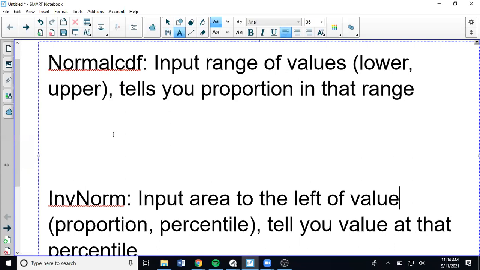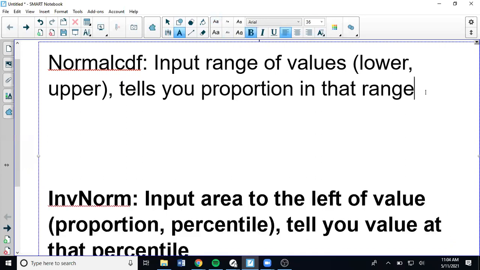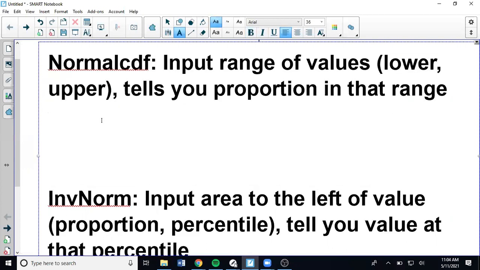As an example, let me give a couple of questions, and let's make sure we know which one we're using here. So let me bold these. I'm going to give a couple of examples of types of questions, and you're going to tell me which one you're going to use.